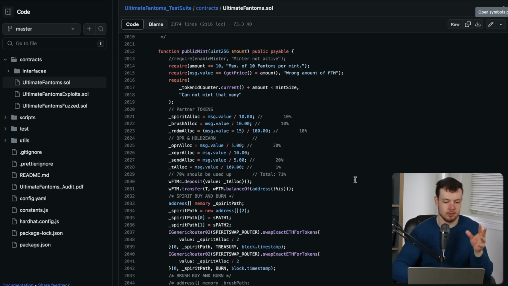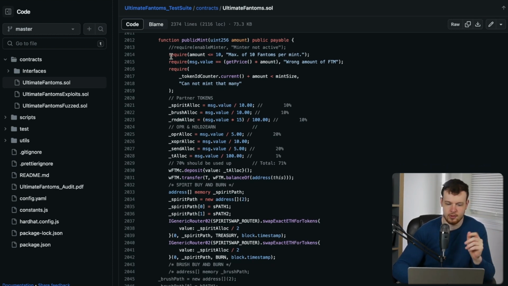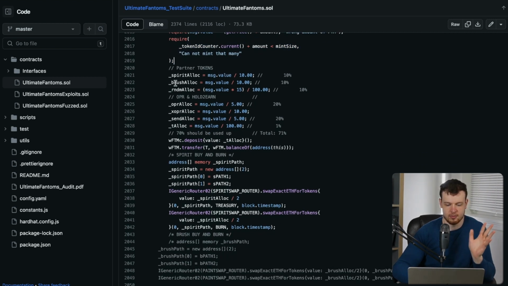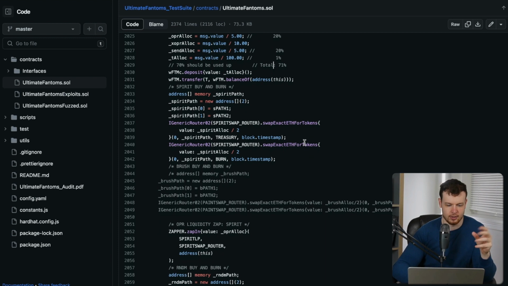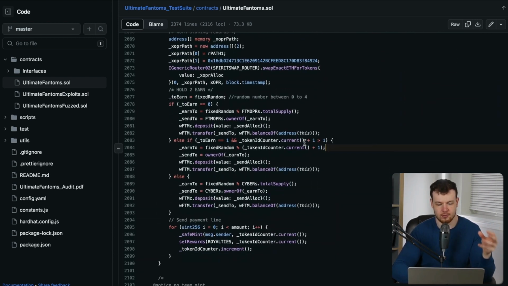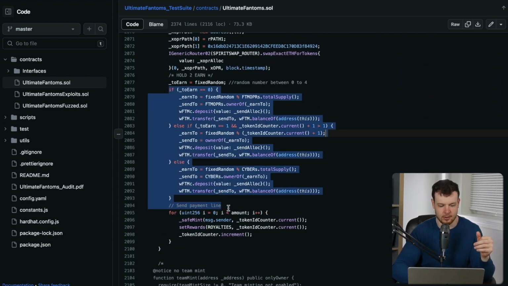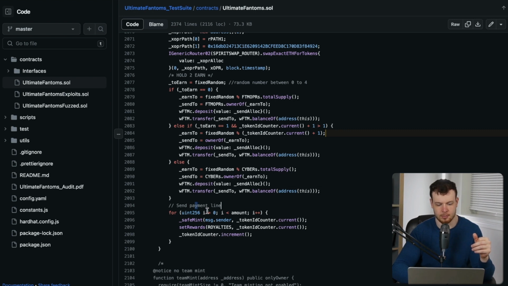So I've pulled up the public mint function, which is the function of interest for this exploit, and we can see, first of all, they've got some require statements and validation, and then some reward distribution logic and things like this. But really the interesting part of this function has to do with these else if cases in this minting here.